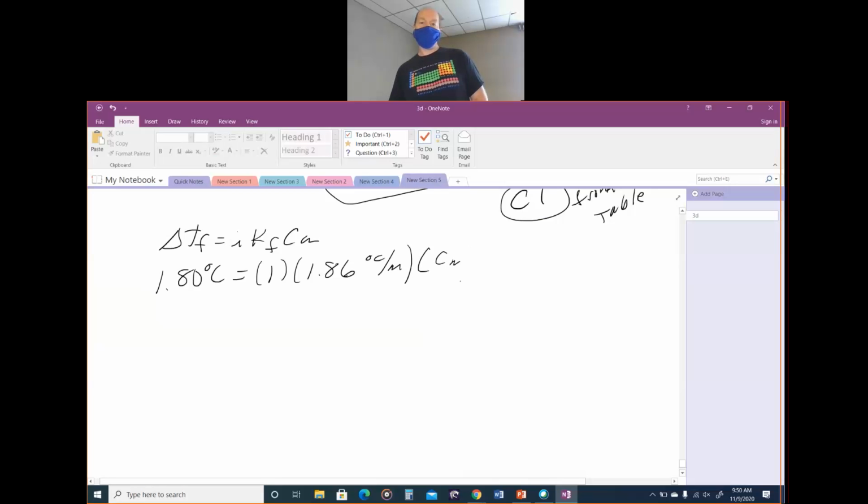And then we have our C sub M. So we have to just divide by 1.86. So 1.80 divided by 1.86, that is your C sub M, which is your molality.